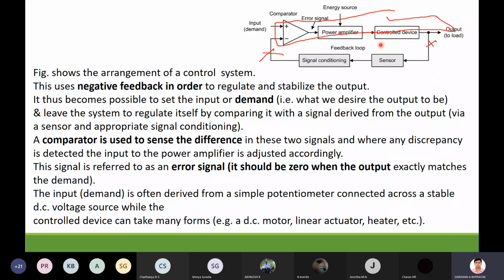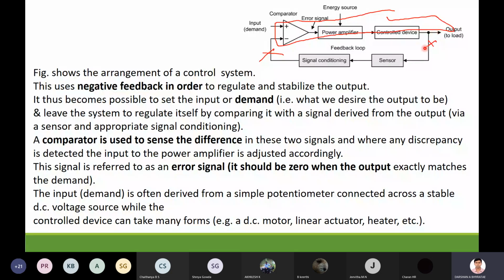DC motor, heaters: whenever you turn on your water boiler heater, what will happen? Suddenly it is going to supply the voltage from the input source to your coil. Obviously I have to maintain a constant current, constant heat at my heater.